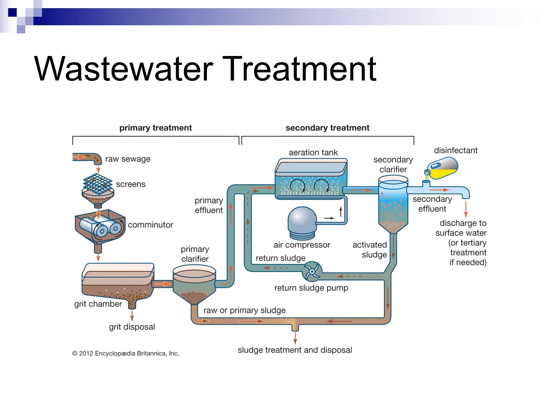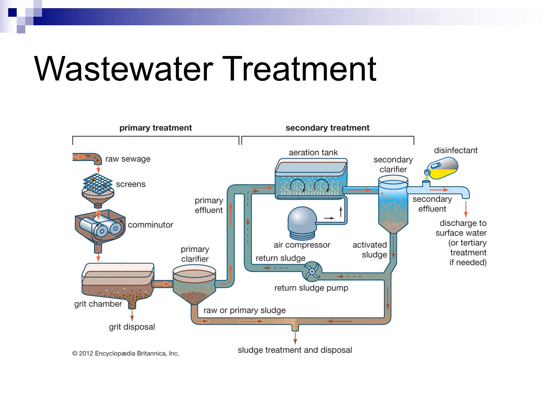So here I have a little drawing of wastewater treatment. It basically has the raw sewage that comes in, and then it goes through some screens, then the comminutor, and then the grit chamber, which then goes to a clarifier, and that's really the primary treatment.